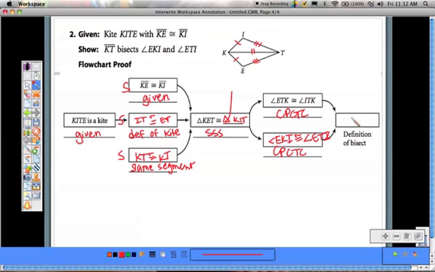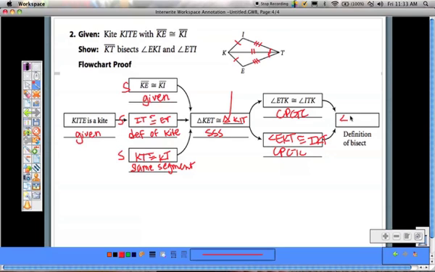And then if we know that, then actually, whoops, I wrote the wrong step here, sorry. Okay, so we have ETK is congruent to ITK. And we also know that angle EKT is congruent to angle IKT by CPCTC.